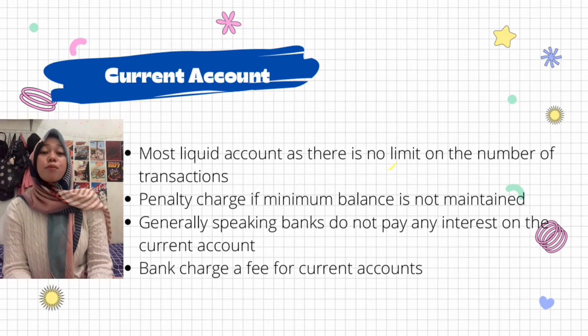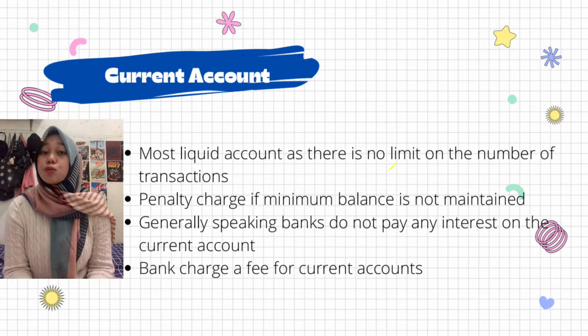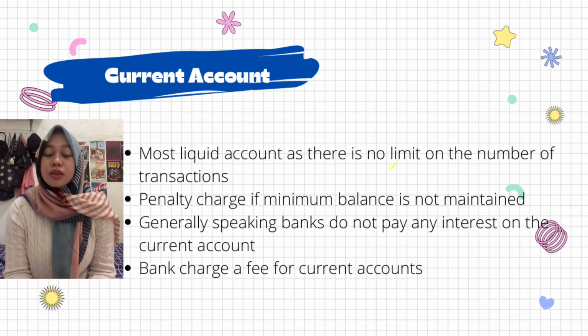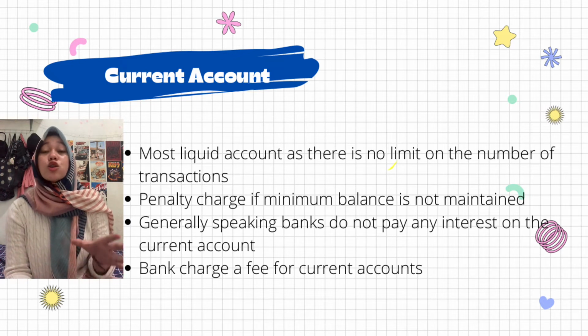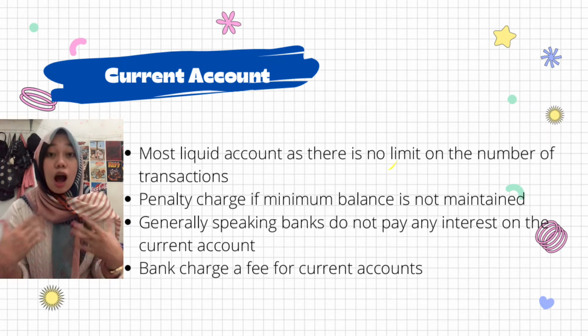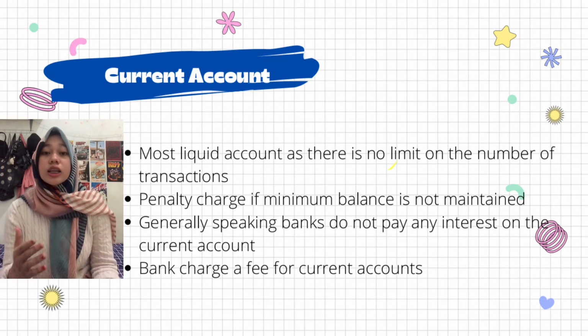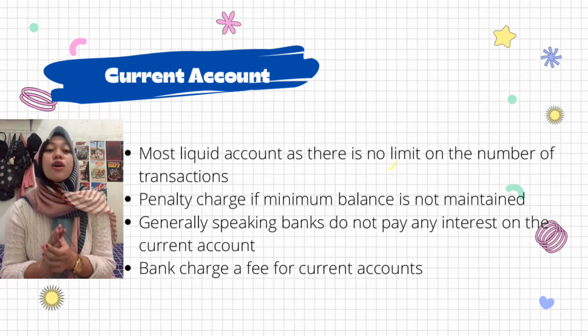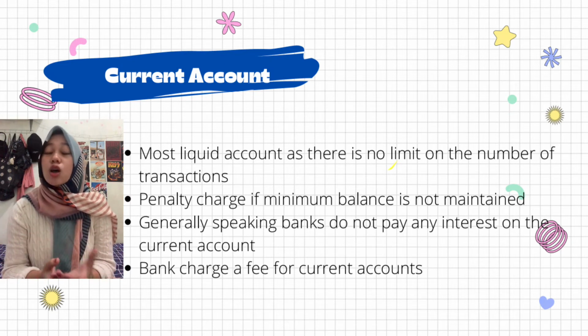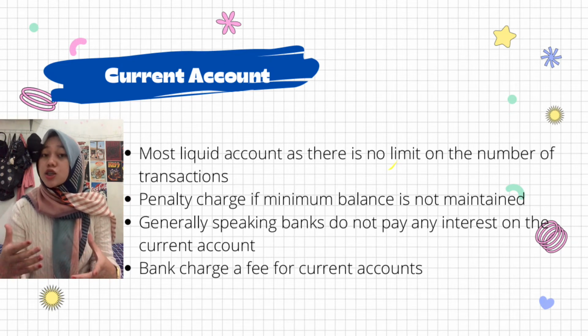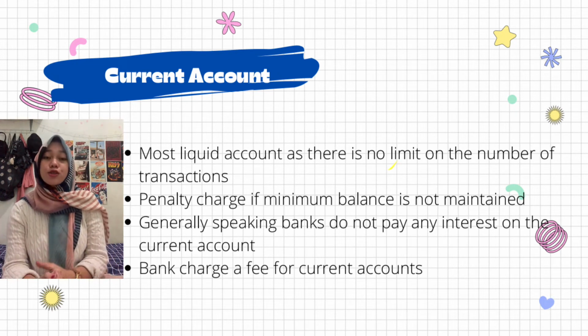There's a minimum account balance that you must keep in this special account. And then in general, the bank doesn't pay interest on a checking account. However, in the current market scenario, with a very high level of competition, some banks have started to pay minimal interest or nominal interest on checking accounts.